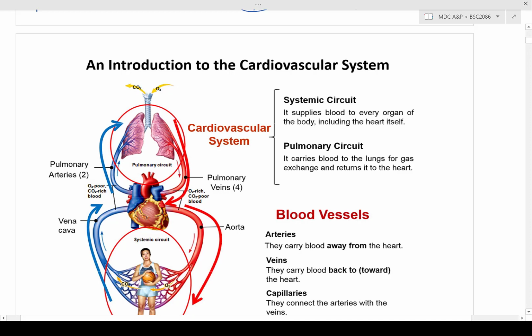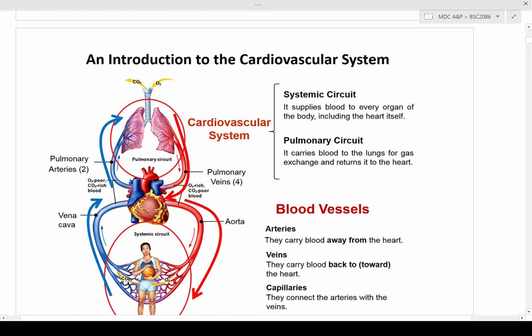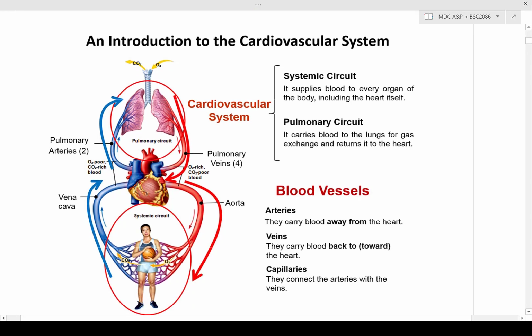The first thing is that the cardiovascular system is pumped by one organ. What is the name of that organ? The organ that pumps the blood, guys. What's the name of it? The heart.